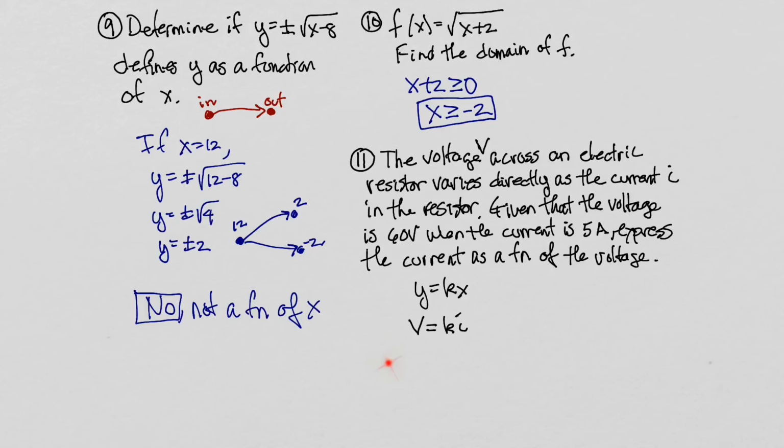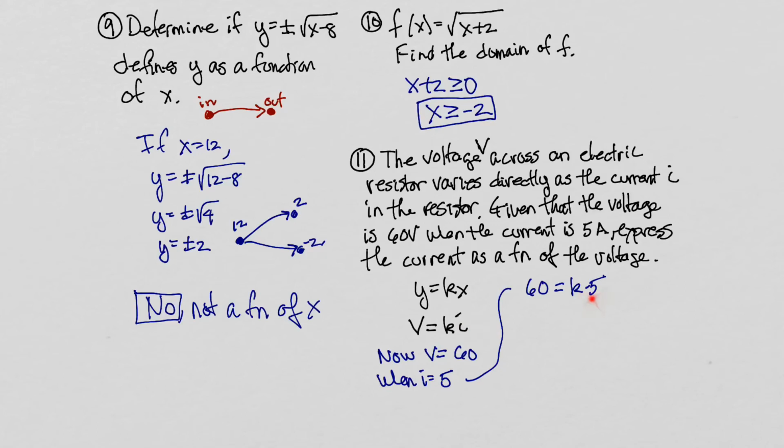Now, here's what we know. We know that we have some values for V. V is equal to 60 when I equals 5. So what we'll have is 60 is equal to k times 5. See what I'm doing here? I'm putting the 60 right in here and the I right in here. 60 equals k times 5.